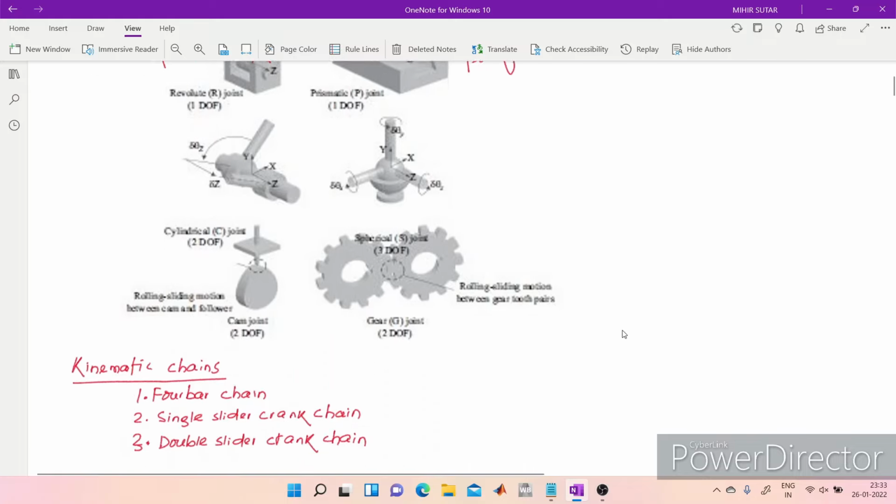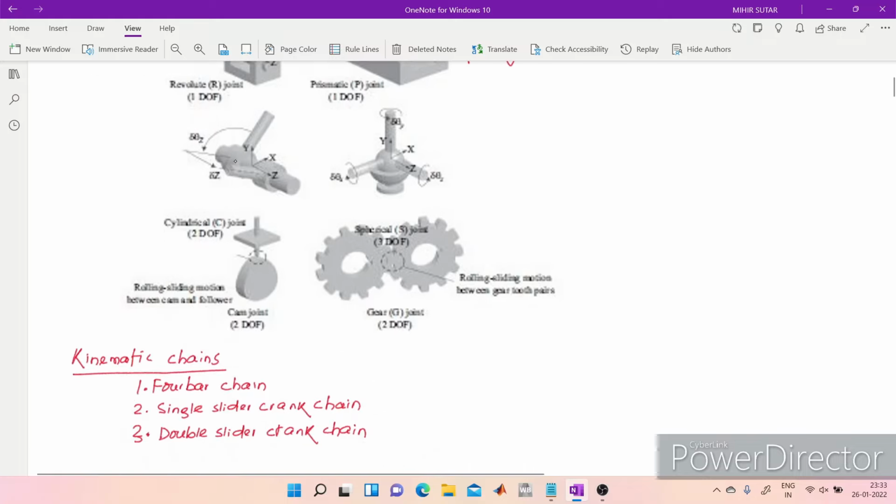And if we have a cylindrical joint here in this example, it can be termed as 2 degrees of freedom. Okay, and if I have a spherical joint, like here, it is having 3 degrees of freedom.